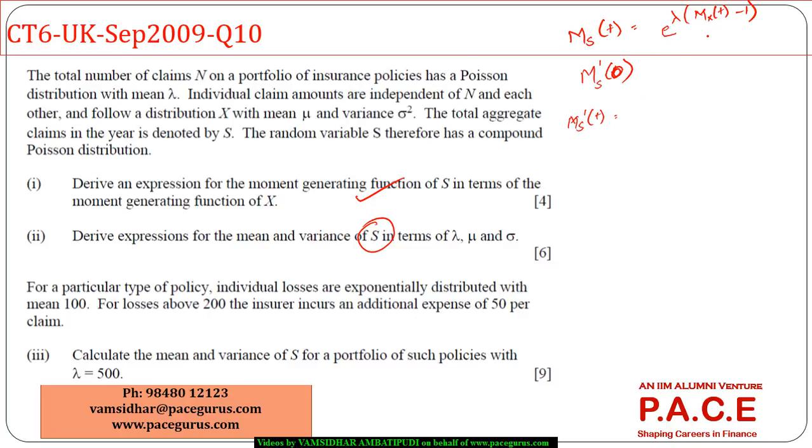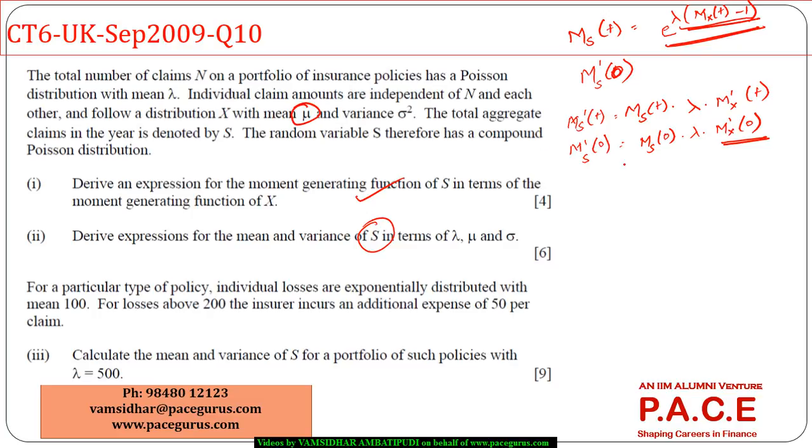The derivative of this will still be MS of t times the derivative of the exponent with respect to t, which becomes lambda times M dash X of t. Now substitute 0: M dash S of 0 becomes MS of 0 times lambda times M dash X of 0. M dash X of 0 is nothing but the mean of X.